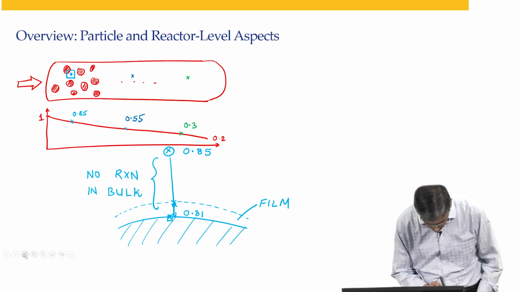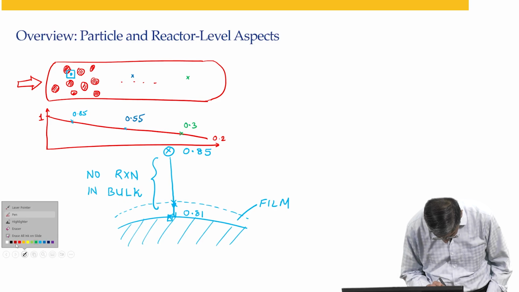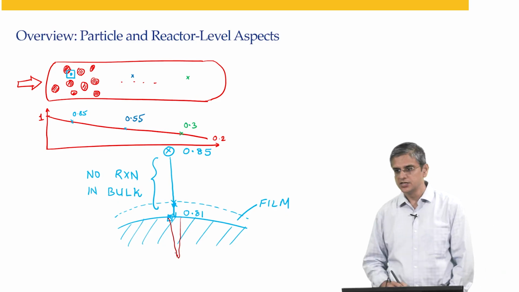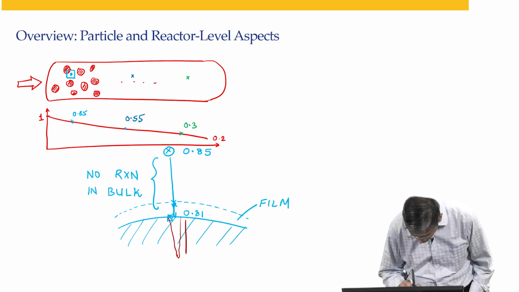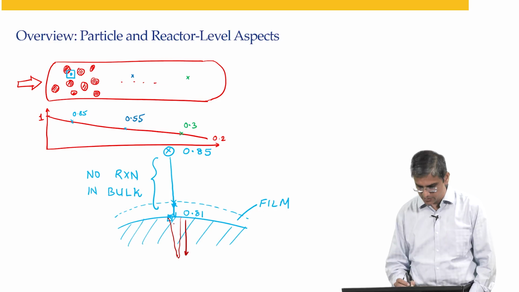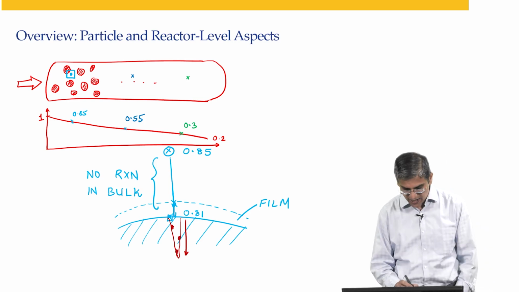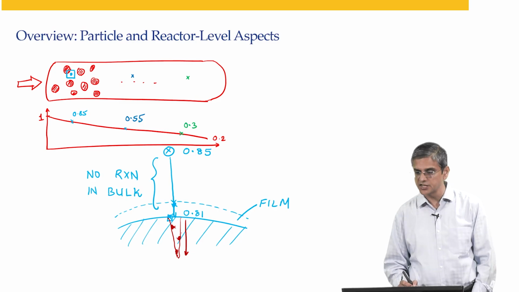Okay. Now let us look at what is going to happen if this particle was porous. Let us say this is the pore. Now this guy diffuses inside. Let us say there is a catalyst over here, there is a catalyst over here, there is a catalyst particle over here. As it diffuses, reaction takes place here, reaction takes place here, reaction takes place here.